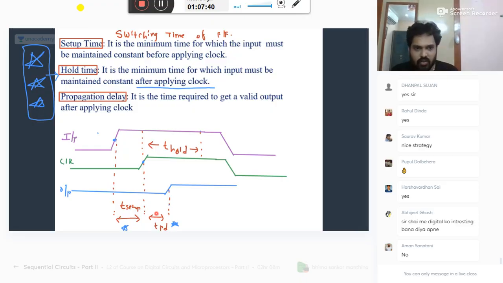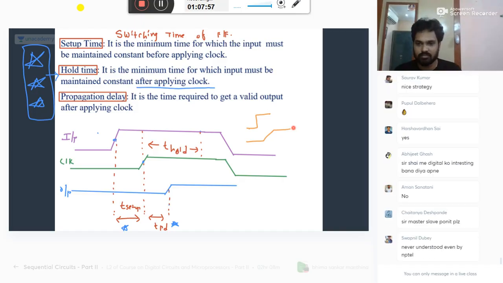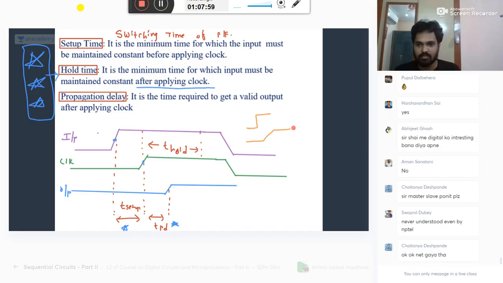You observe here, I don't take the clock in this way, I take the clock like this only. What is master slave? I have not discussed it, Chaitanya. I will discuss it. I told you we will be discussing it next.